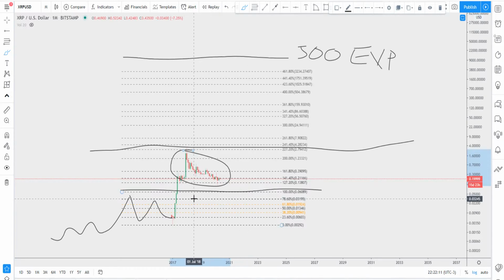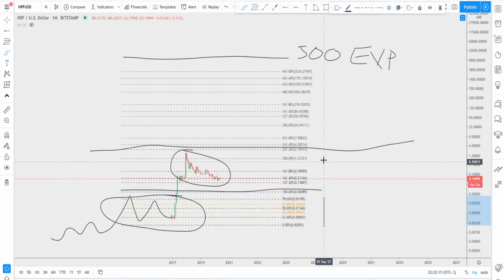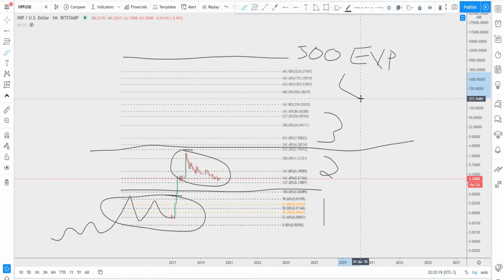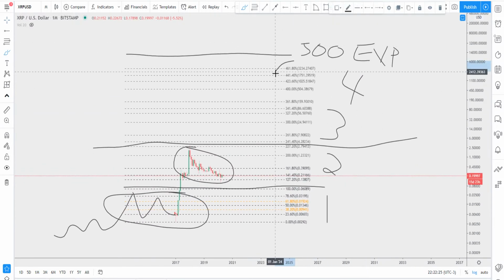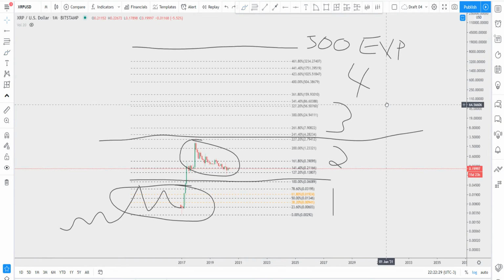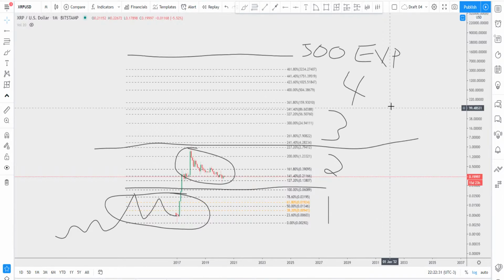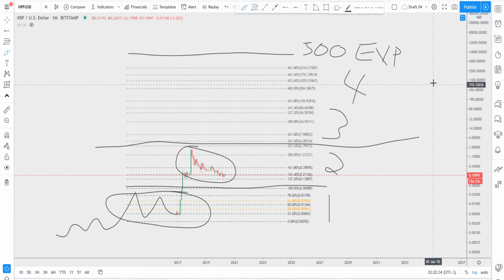And this scenario here was the first one. So first stage, second stage, third stage, and fourth stage, okay? And so how do we know if we are going to make it to these levels here? And if we are going, how can we find a limit for expansion? Where is the limit for XRP?